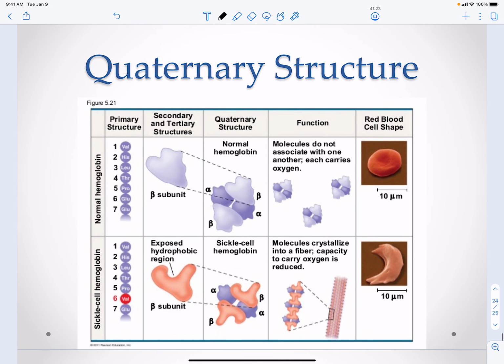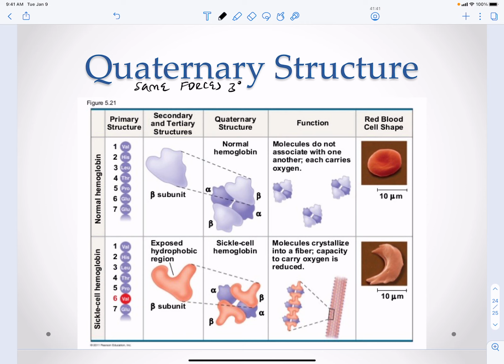Then we move on to quaternary structure. These are going to be held by those same forces as tertiary structures, those van der Waals, dipole, etc. So quaternary, you have the same forces as tertiary.